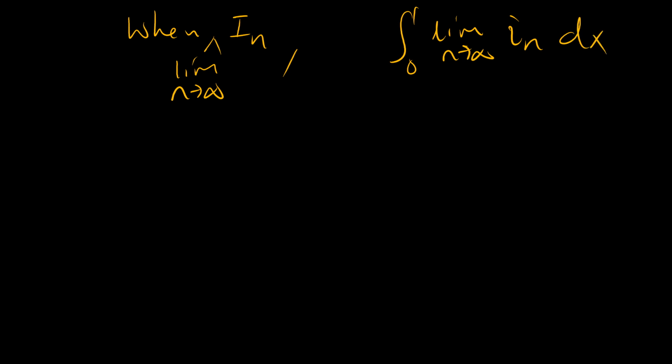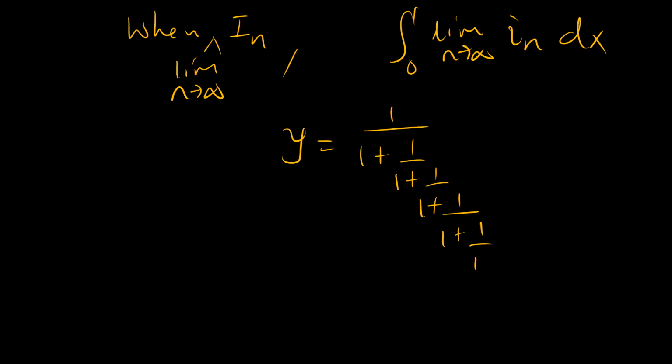And so what that means is that if y is equal to 1 plus 1 over 1 plus 1 over 1 plus 1 over, all the way, then y is equal to 1 over 1 plus y.